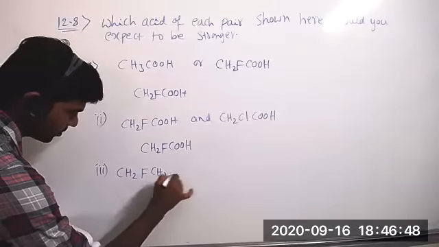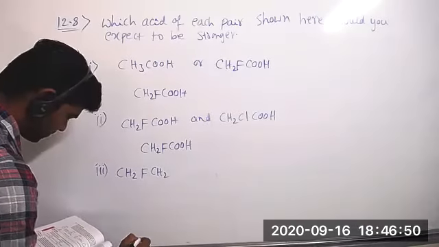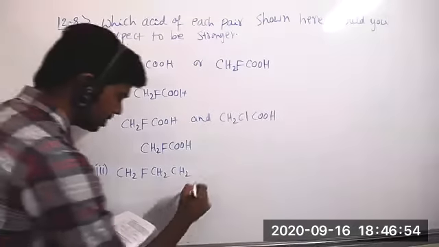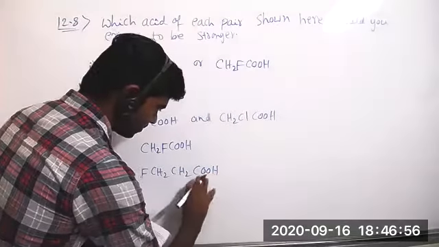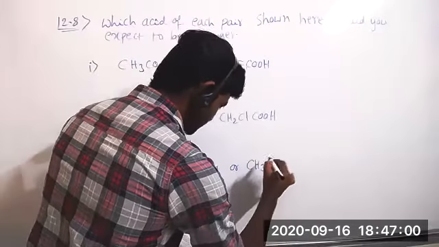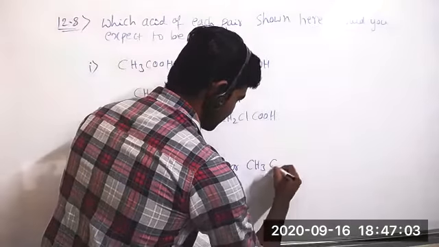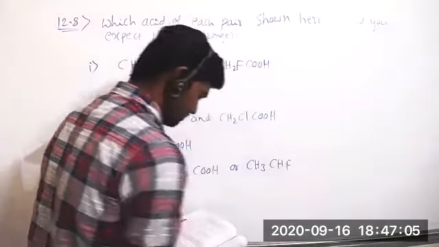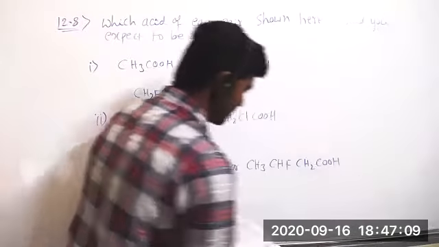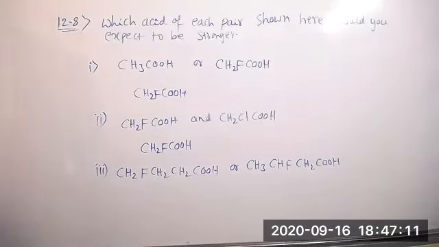Next pair: CH2FCH2CH2COOH or CH3CHFCH2COOH. Both have the same formula, but the difference is only the position of the fluorine atom.